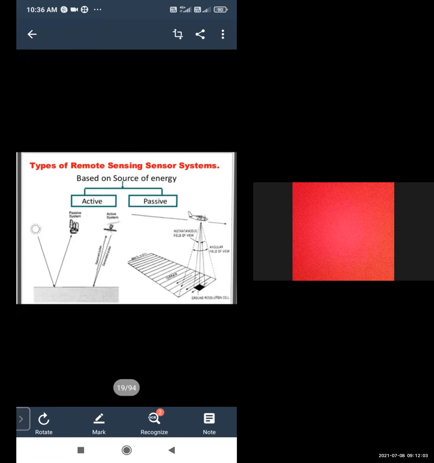So active and passive source of energy for remote sensing.